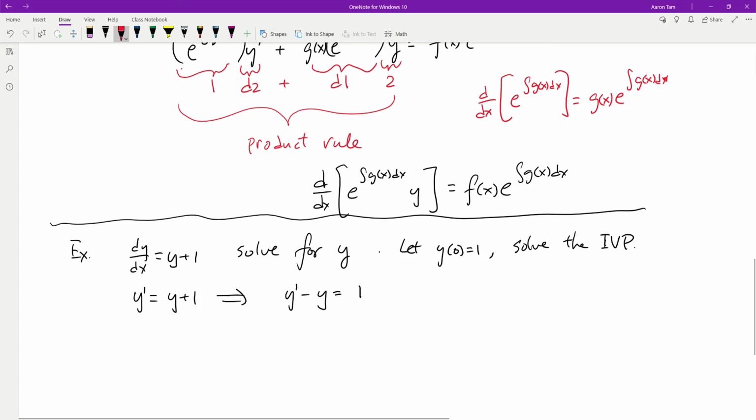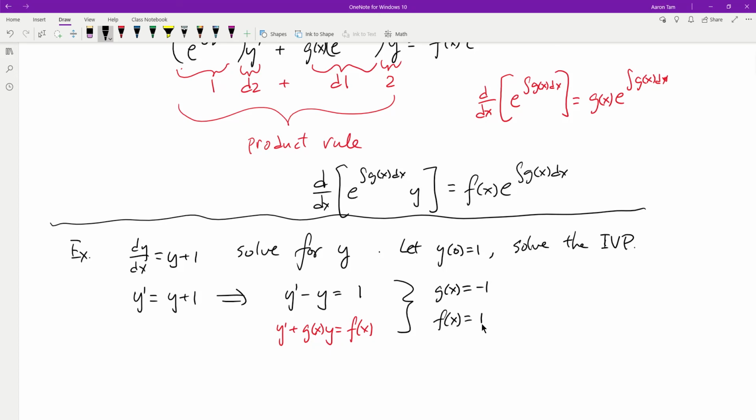So now I'm going to compare this to the normal form of a first order linear differential equation. And based on that, I can see that g of x is equal to -1 and f of x is equal to 1. We don't really need to know what f of x is, but I do need to know that g of x is -1.